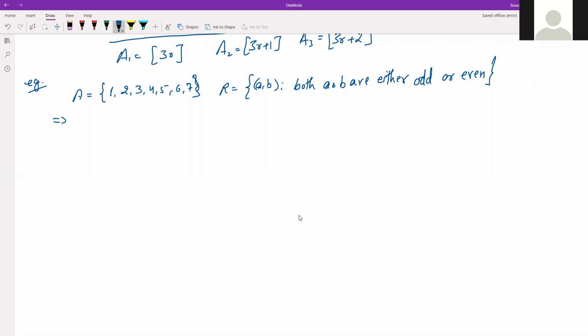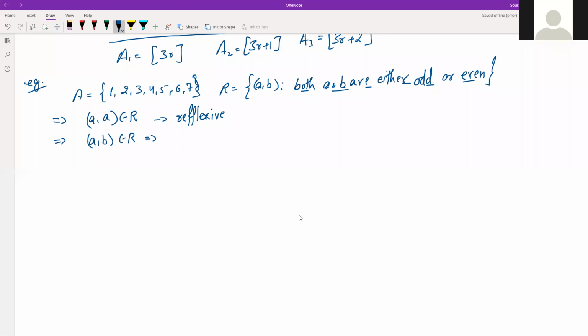So first see whether (a, a) belongs to R or not. It says both a and b are either odd or even. So that means this is reflexive. Okay, next move to the second part, that is symmetry. If (a, b) belongs to R, what does it mean?